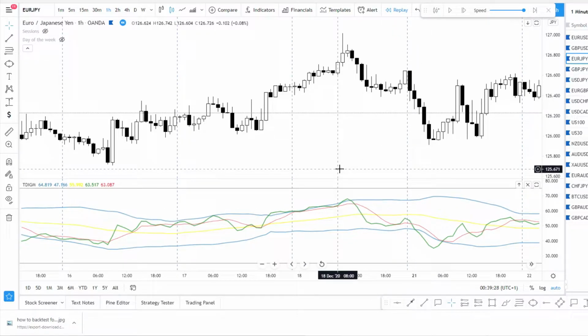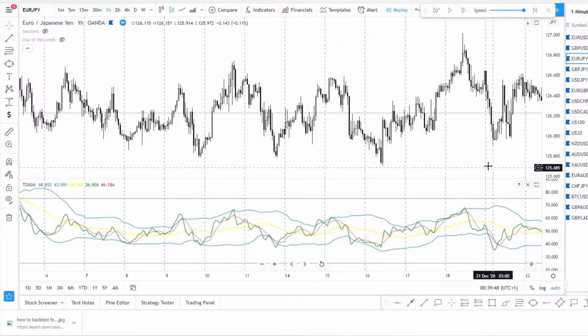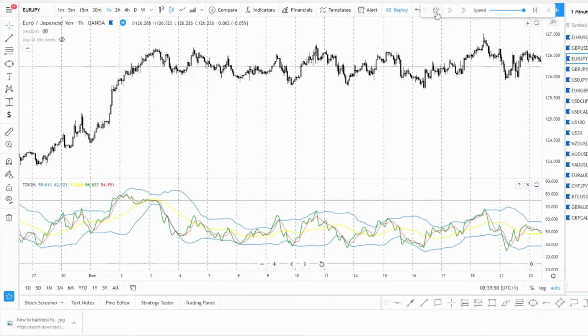So TDI is a mix of a few indicators. The baseline, the blue line, is like Bollinger Bands, so you are always waiting for this green line to cross above or below this blue line with an impulsive move, and then you are looking for a trade.